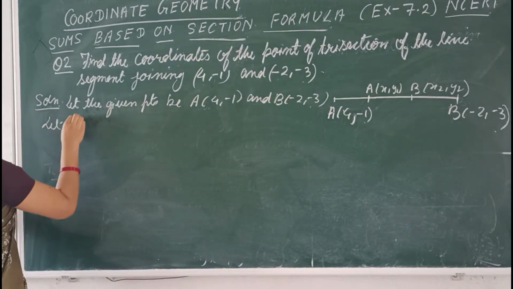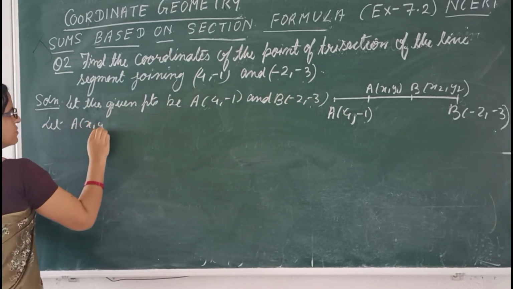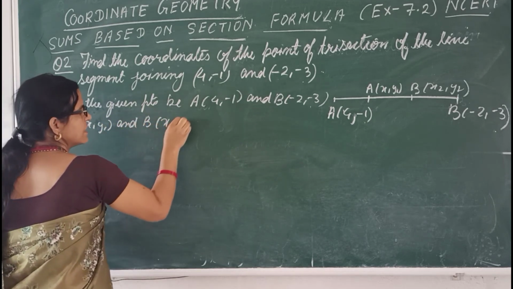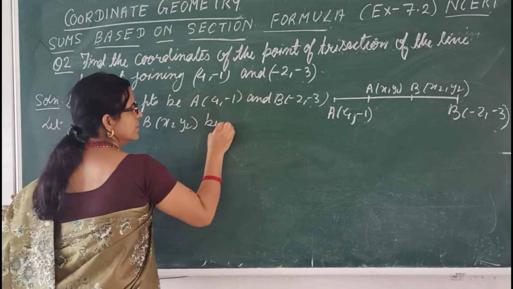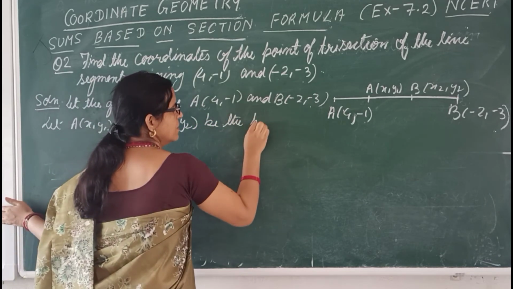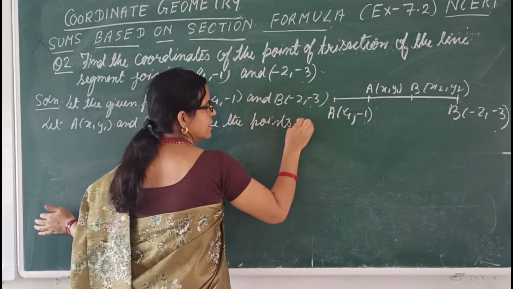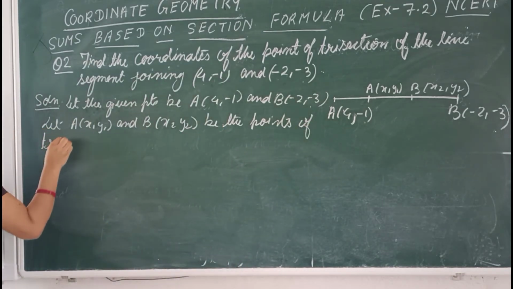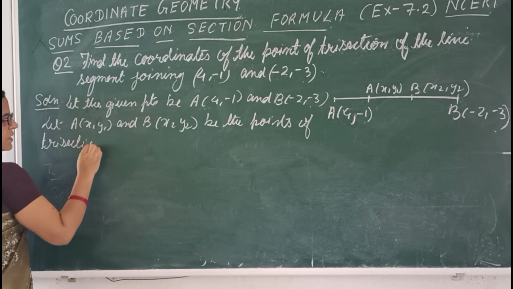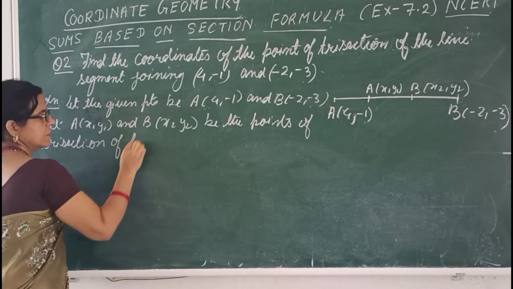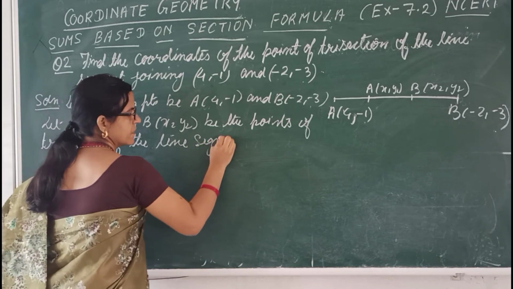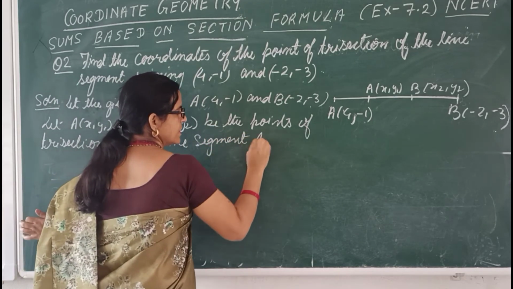Let A (x1, y1) and B (x2, y2) be the points of trisection of the line segment AB. It's all introduction, children.